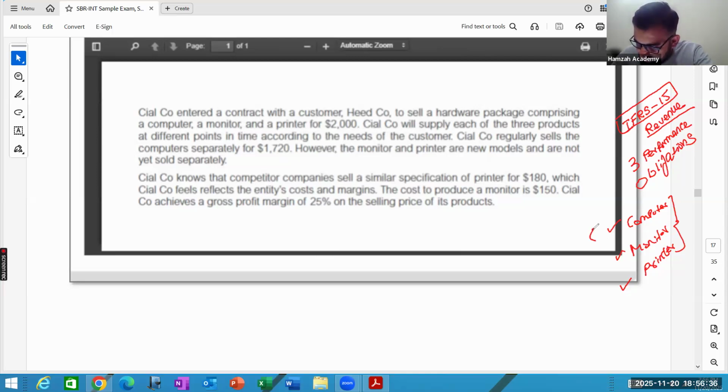And C company has agreed to provide all these 3 things, computer, monitor, and printer, at a transaction price of $2,000.